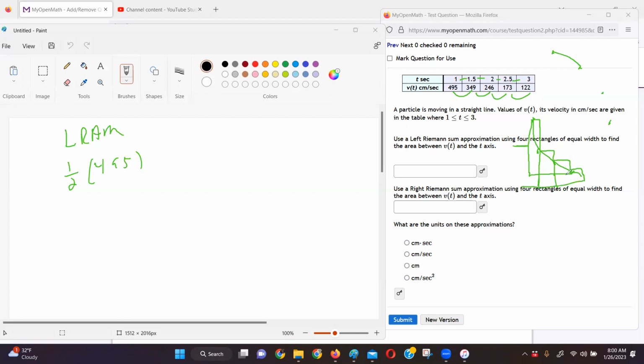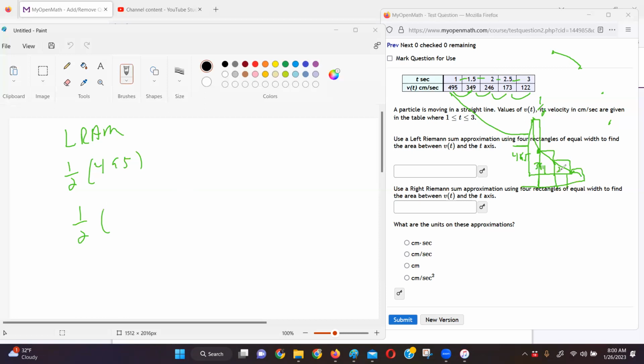Okay. So the first one is going to be 1/2 wide by 495 high. The next one will be 1/2 wide by the 349. You see how that's the next value. So see this side is 495 high, and this next side is 349 high.